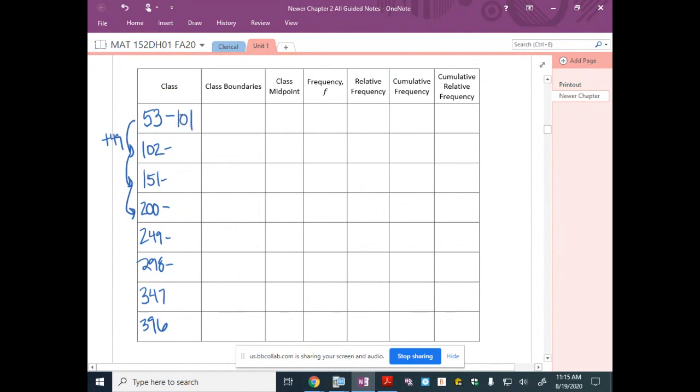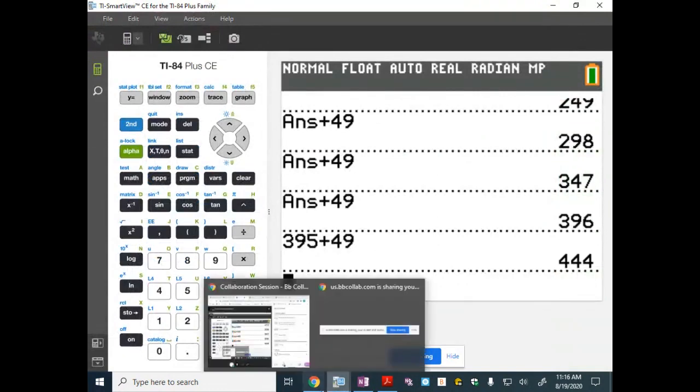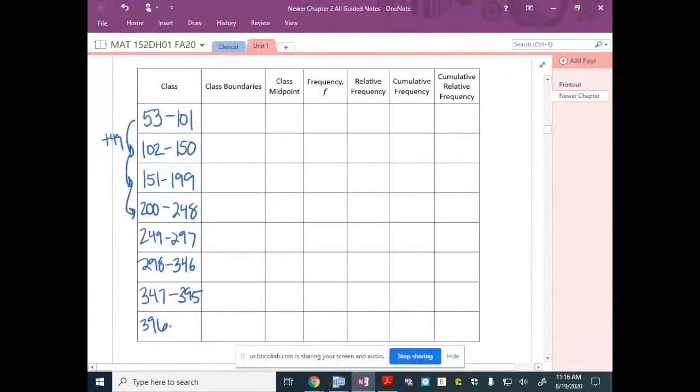Now we could just keep adding 49s or go one less. 150, 199, 248, 297, 346, 395, and if I add 49 to that, I'm just too lazy to do it in my head right now. 444.